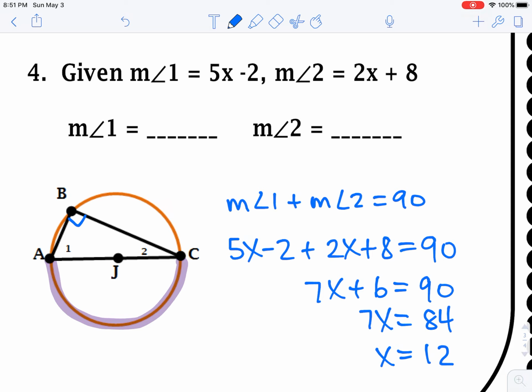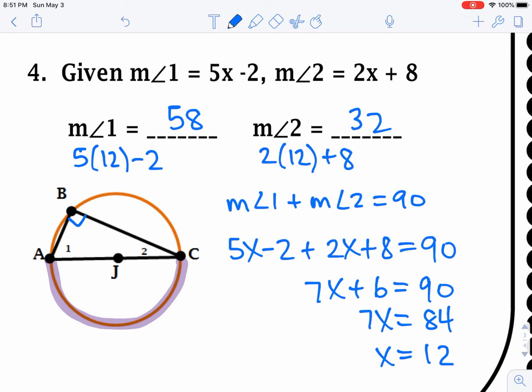So you get x is 12. Angle 1 is 5 times 12 minus 2, which is 58. And angle 2 is 2 times 12 plus 8, which is 32. And 58 plus 32 does equal 90.